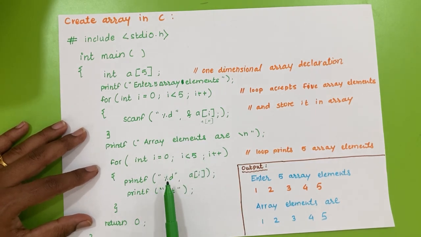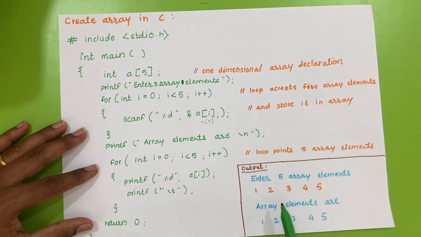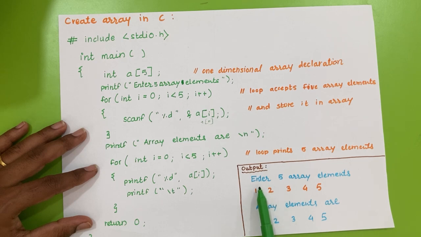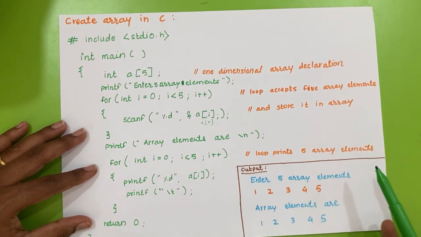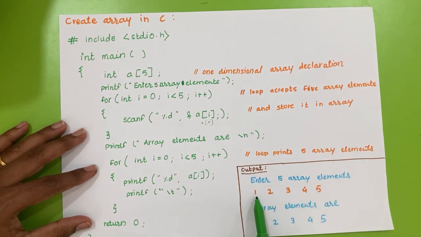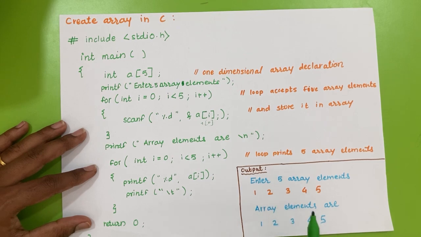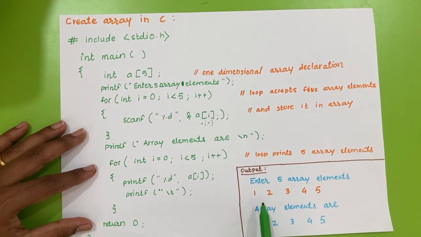So here the user enters 5 elements and they are printed by the for loop. If you want to see the output, it will look like this: "enter 5 elements" will be printed on the console. After that the user has to enter 5 elements. You can use tab, the space bar, or the enter button to enter the 5 elements.